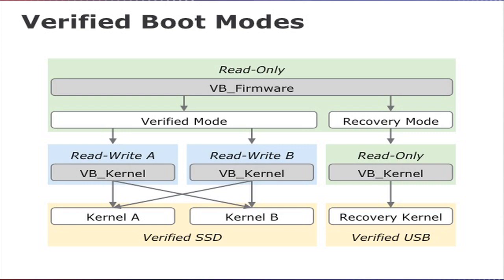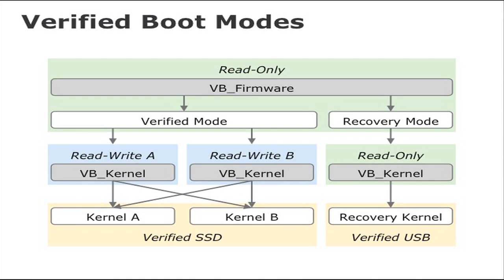So I've mentioned verified boot, and how it boots through things, but to try and give a little bit of a diagram for how it works, I said we have the read-only bit of code that does this verified boot firmware stage, we call it. For the standard device, it picks between a verified mode or going to recovery mode if the user requested it, or if for some reason some device failed and it rebooted to recovery mode.